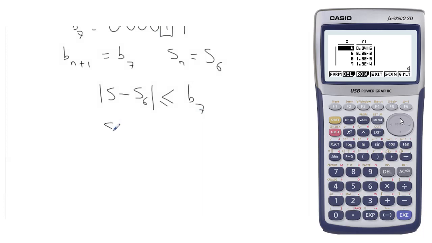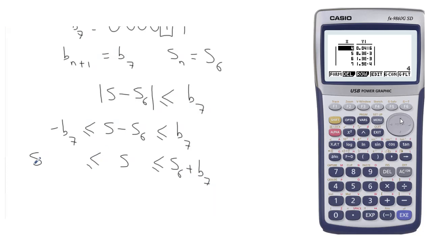So that means that S minus S6 must be less than or equal to B7 and greater than or equal to minus B7. So the true sum S, if we add S6 to everything, must be less than or equal to S6 plus B7 and greater than or equal to S6 minus B7.